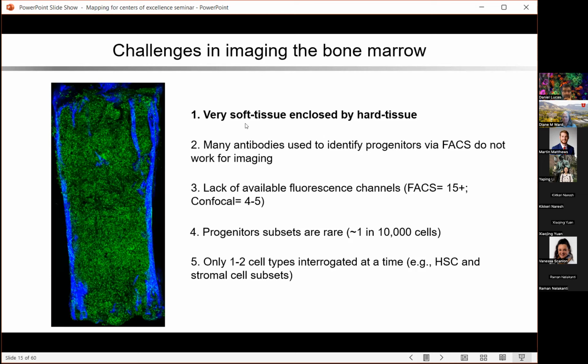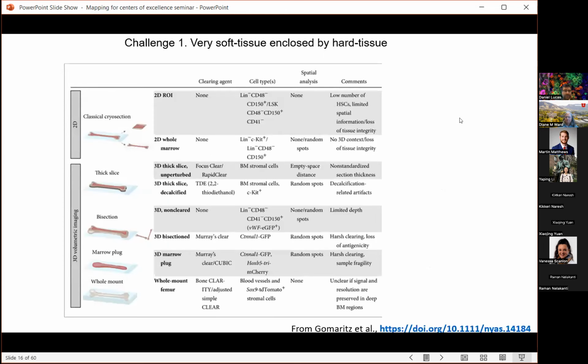What have people tried to do to solve the very soft tissue enclosed by hard tissue problem? The first one is using classical cryosections. The problem with this approach was that it required either extensive decalcification, up to a month in EDTA just to chelate the calcium from the bone and allow sectioning, and this essentially destroyed most of the epitopes, or very specialized equipment like specific tungsten blades to section the bone, coupled with a tape that you put on top of the tissue that you then peel.